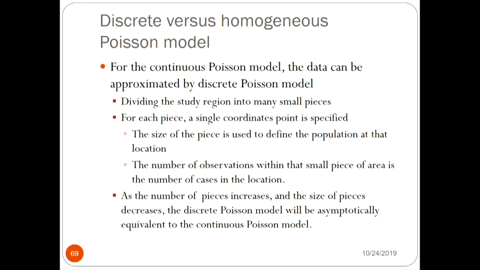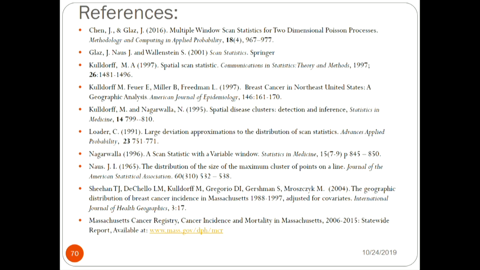So those are possible other models there. There are references for this seminar, and some of them I may not have explained very clearly, but you can always check those references, especially Kulldorff's early paper here.